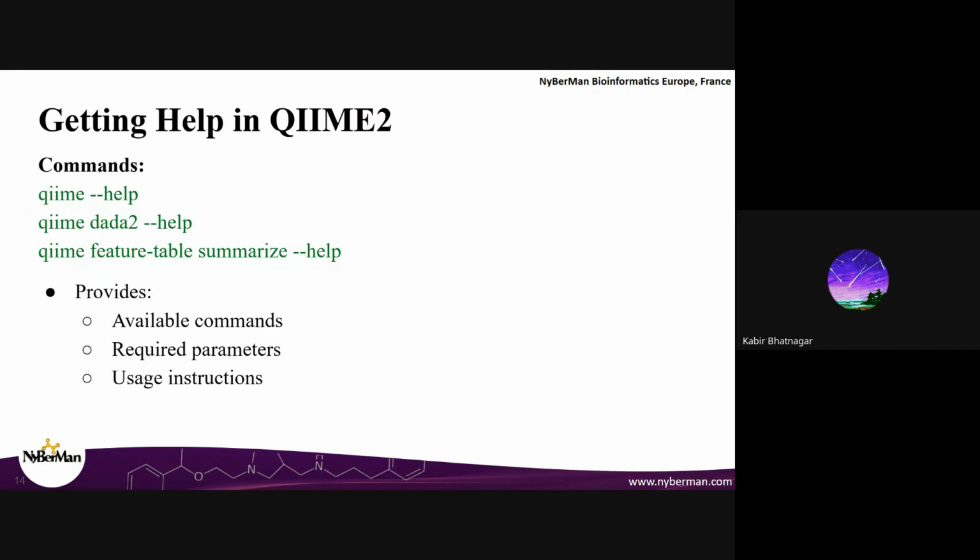It will specifically show you all the requirements and every piece of information about the dada2 plugin that is present in QIIME. So you can open each plugin's information as well, and you can visualize the entire information collectively using qiime help. It will provide all the commands that are available, the parameters, and how to use them. Usage instructions are also present in that, so whatever is present, you can just check it.